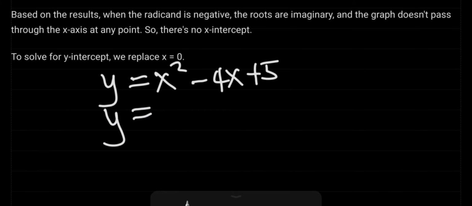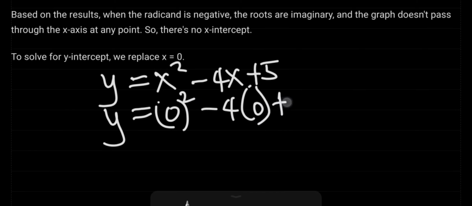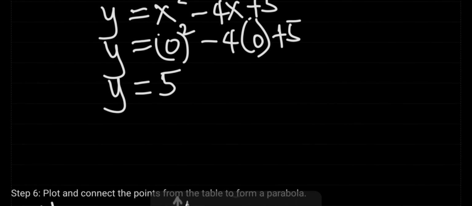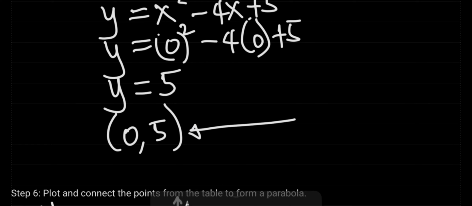So we will replace x with 0, plus 5. So y is 5. So the y-intercept is (0, 5). So this is our y-intercept.